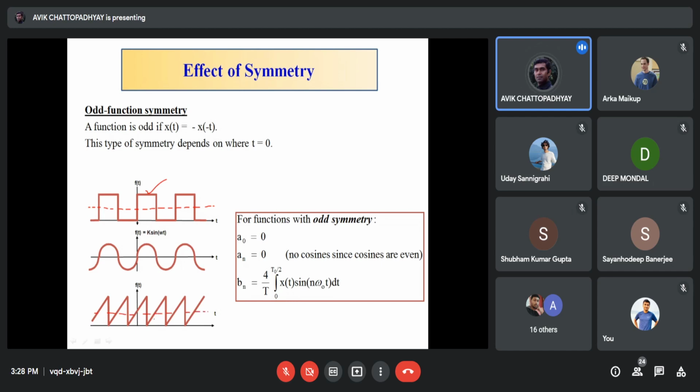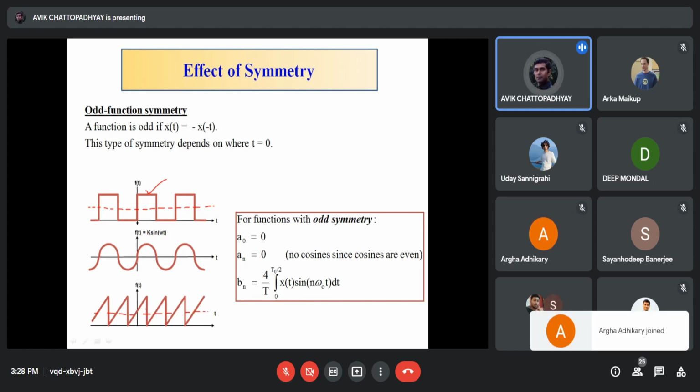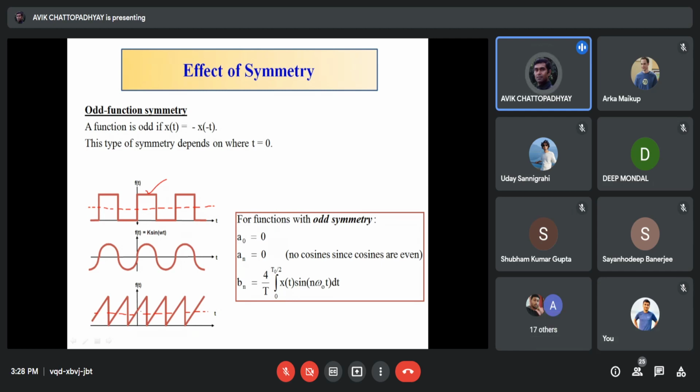If you subtract that DC term from this signal, then this signal will become an odd signal. So it is kind of sliding vertically down. If you subtract, automatically the signal will slide downward, and then it will cross the origin, and then it will become odd in nature.